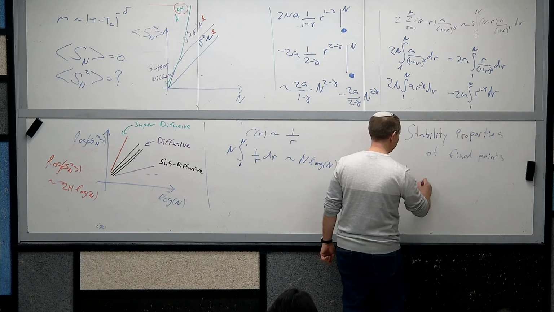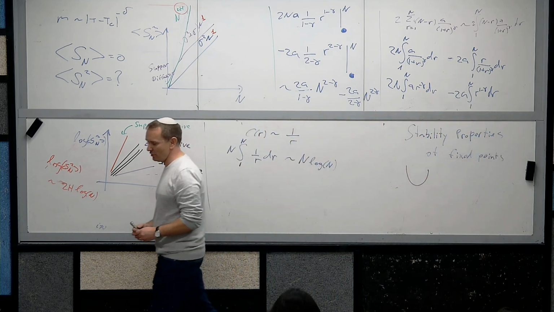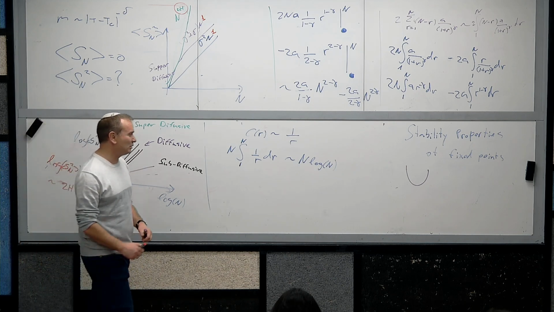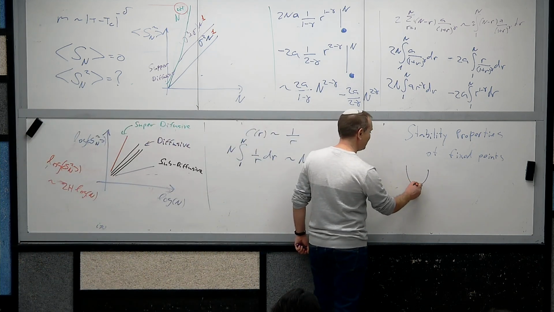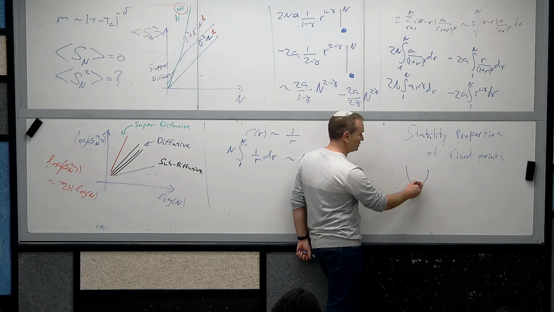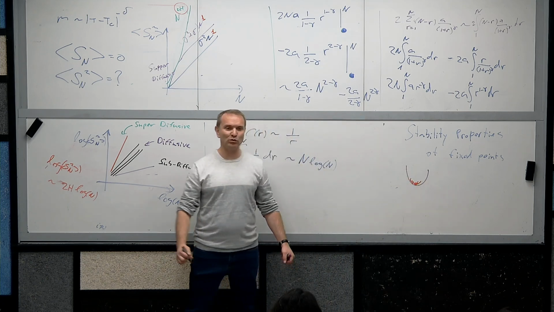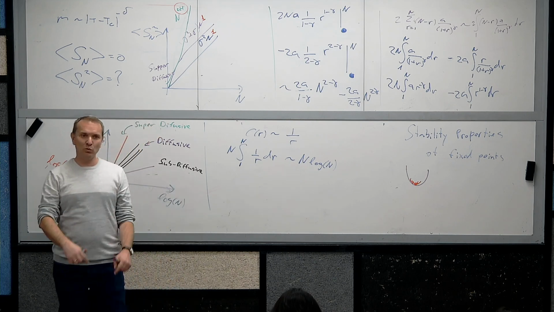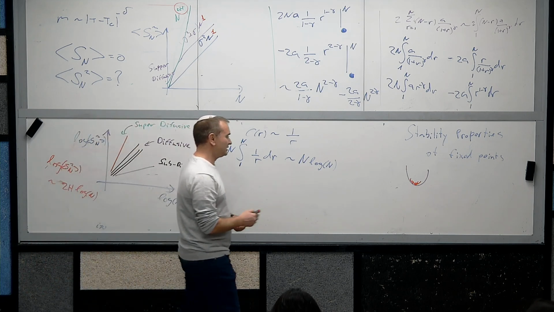If I have this potential, I know its minimal point is stable. Why? Because if I move a little bit to the right or a little bit to the left, the potential forces drag me back towards the minimum. This is stable.